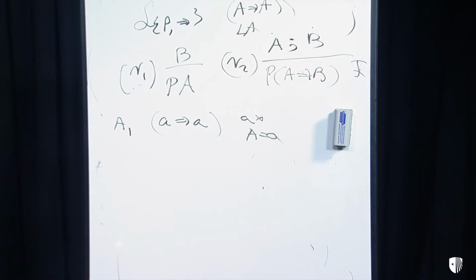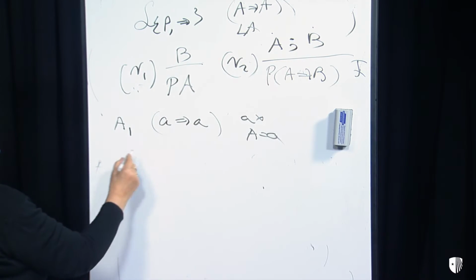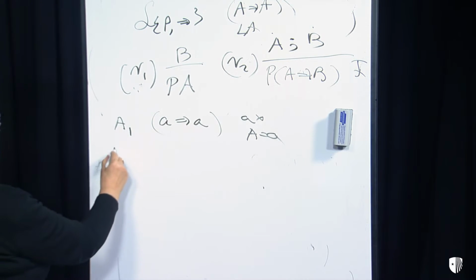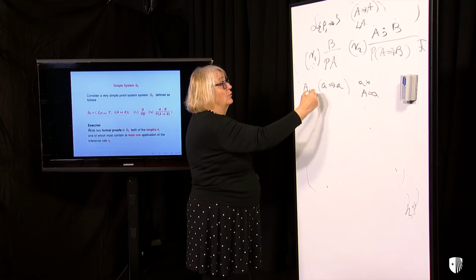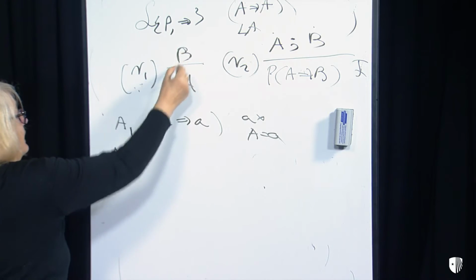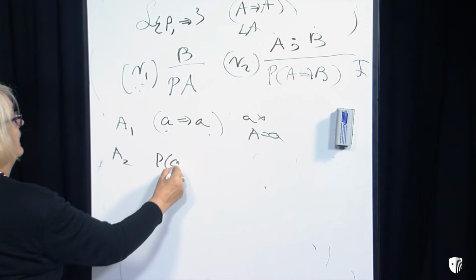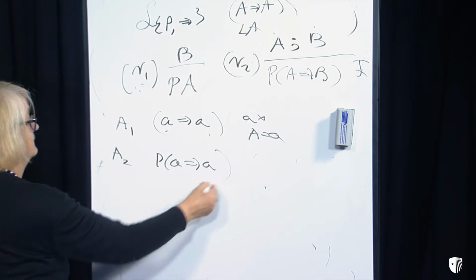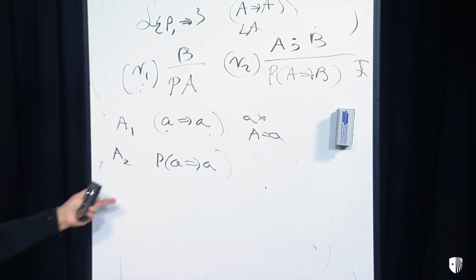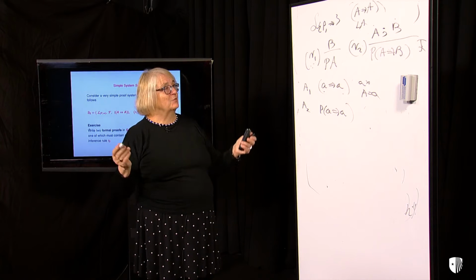Formula A implies A. Now, if I want to apply rule 1, I apply rule 1 to this. Now, the B in the rule is this. So I write P, A implies A. So I proved P implies A like we did before in S1.